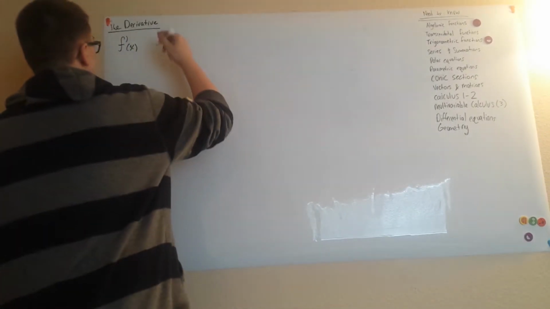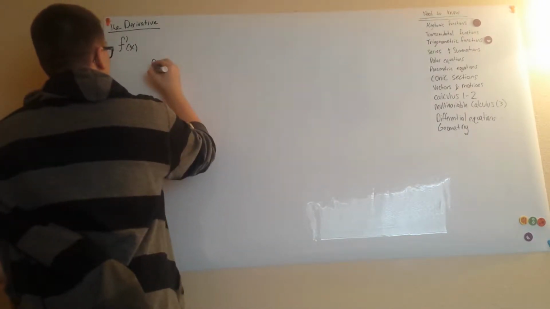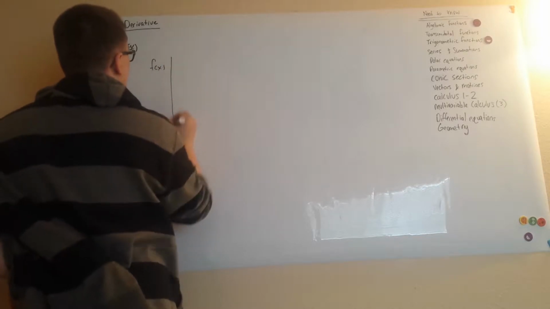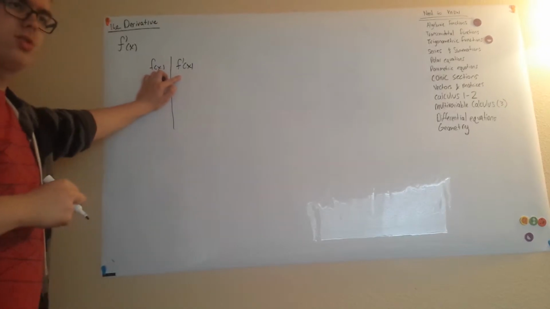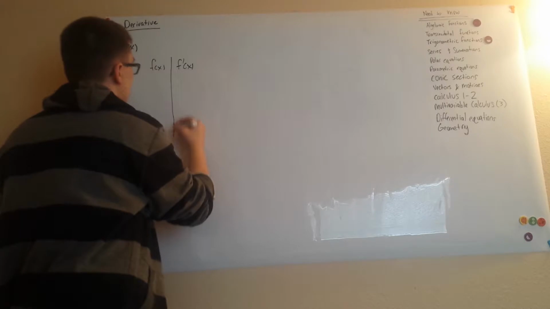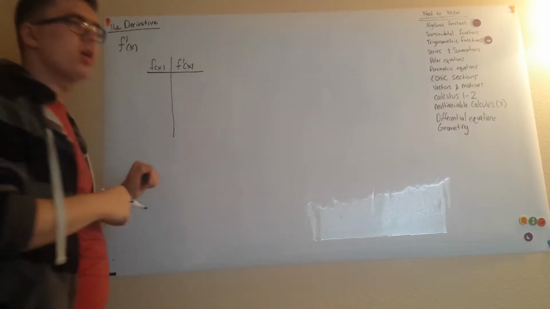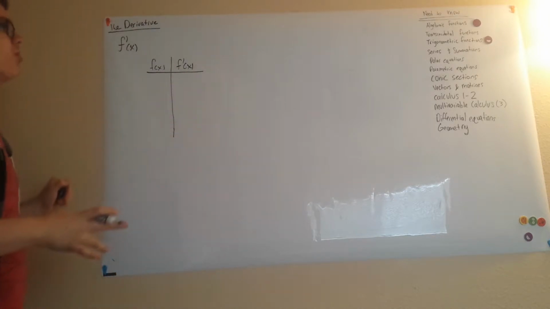If I make a table of a function and its derivative f prime, I would do it if I were to do the limit process.